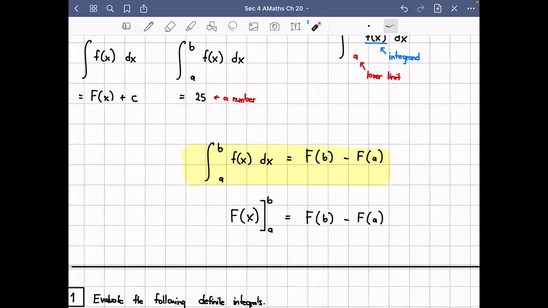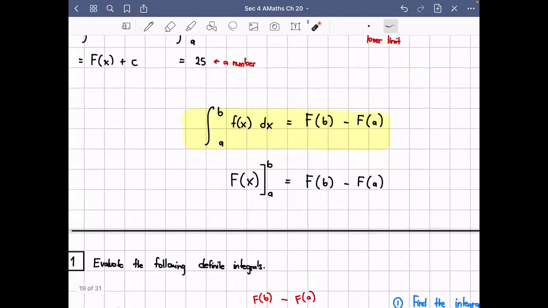So if you're given this question here, let's say the antiderivative of f of x from a to b is equal to, what is this? Big F of b minus big F of a. So this is the antiderivative with respect to the value of b, minus the antiderivative of the lower limit with respect to a.